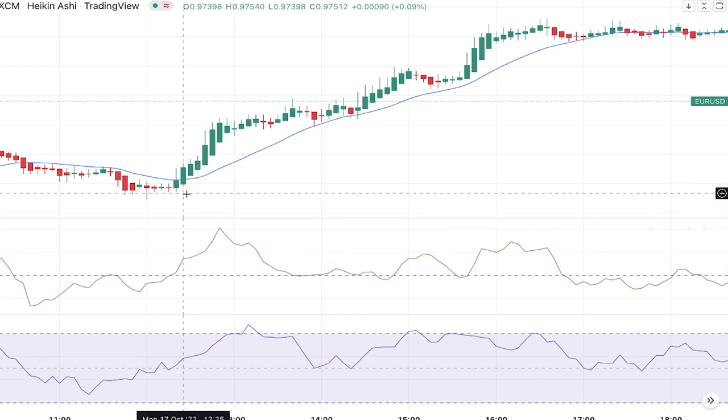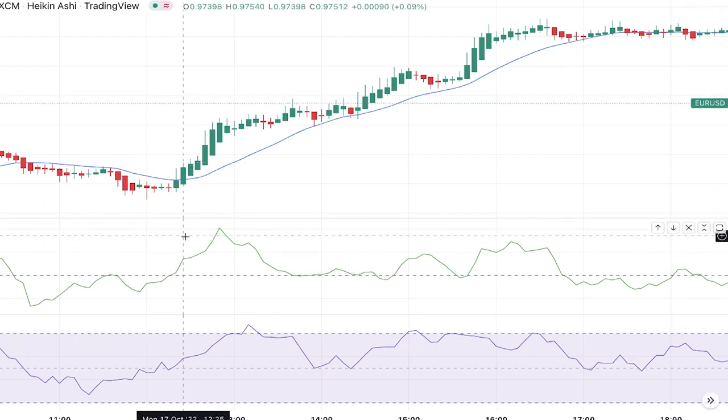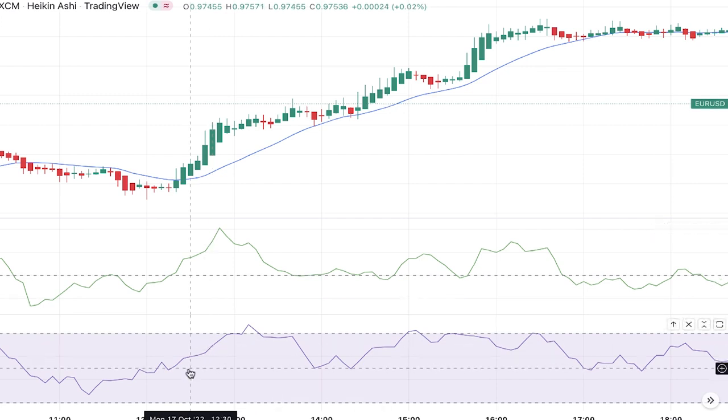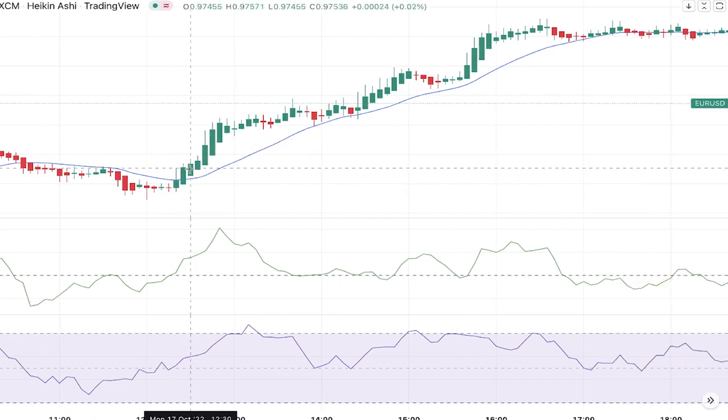So when the price crosses above the moving average line and the Heikin Ashi candle closes above the LSMA line with the characteristics that I explained earlier, then at the same time Chaikin Money Flow and Money Flow Index should both be above the center line. For Chaikin Money Flow, the center line is 0, and for Money Flow Index, the center line is 50. With all these conditions, we can enter a long position here when a new candle is opened.